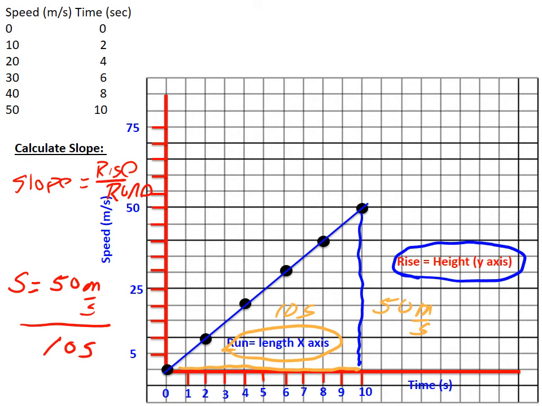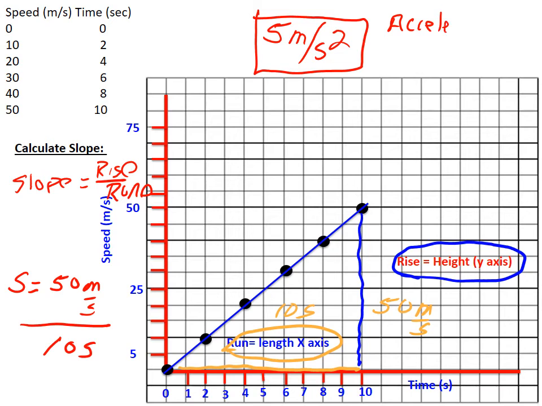I'm going to write the answer up here. 50 divided by 10 would be 5, and the units are meters per second squared. Of course, on that type of graph where we have time and speed, the slope calculates acceleration.